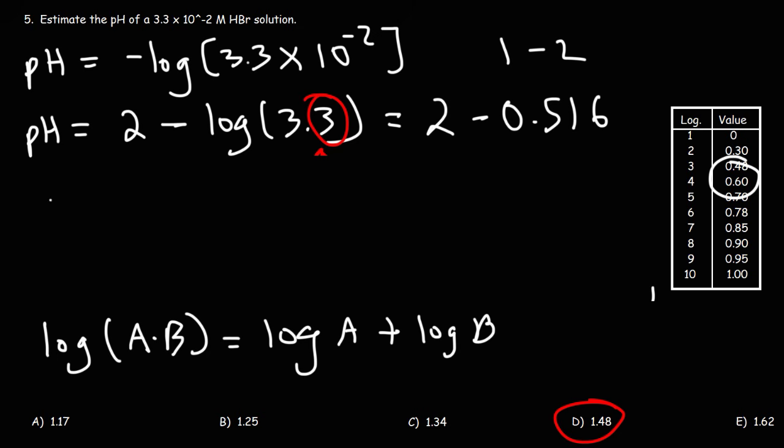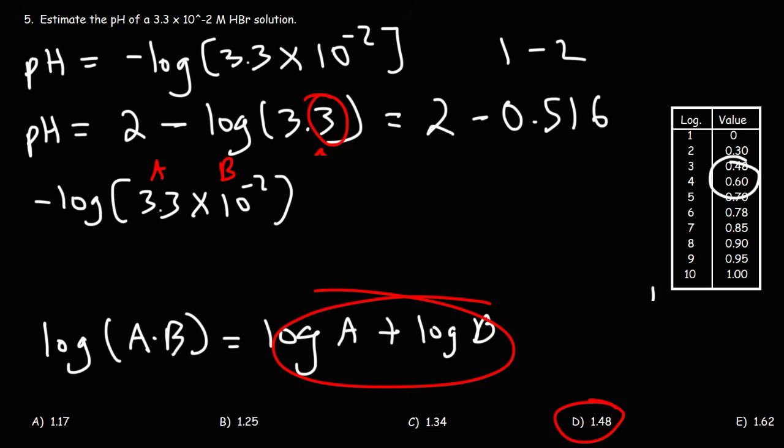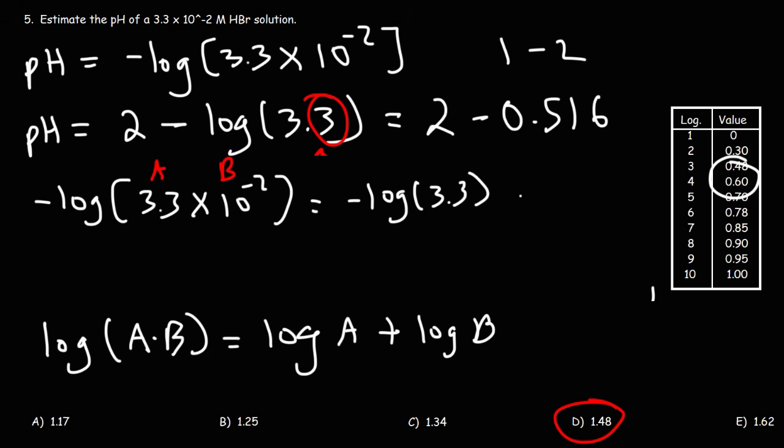So let's start with the expression negative log 3.3 times 10 to the minus 2. So this is going to be a, this is going to be b. We're going to use this formula to split it into 2 logs first. So we're going to get negative log 3.3 and then another negative log of 10 to the minus 2.